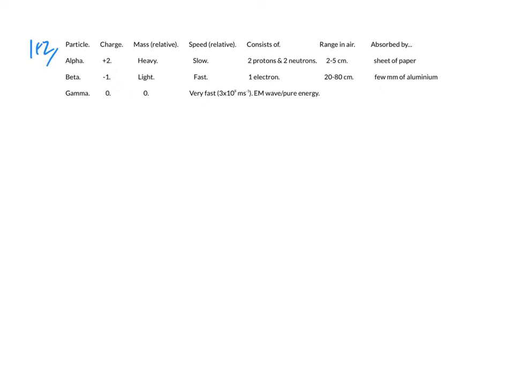Range in air. What did we discuss about it? It's effectively infinite. It doesn't really have a range in air. Air doesn't have a big effect on it in terms of absorbing it. So what did we have to do to absorb it?